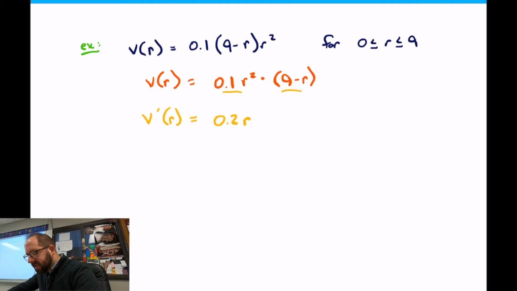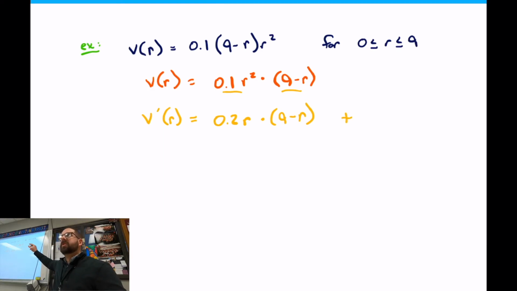Then I take it times the second. And then I add the derivative of the second. The second item, which is 9 minus r, has a derivative of just negative 1, because the 9 would go away and the negative r would turn out to be negative 1. And then you take it times the first, which is 0.1 r squared.